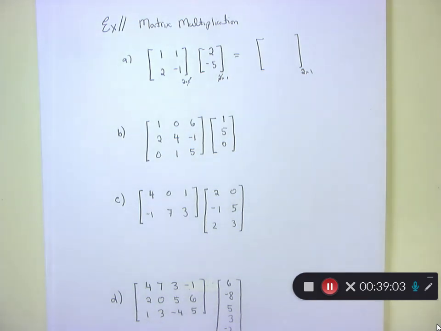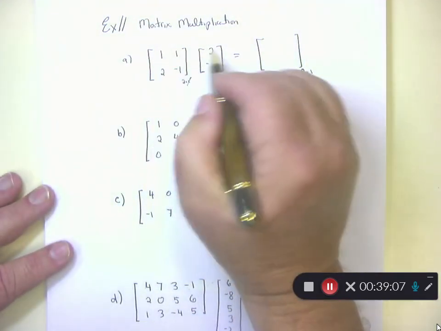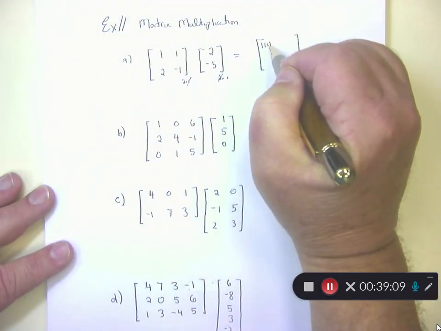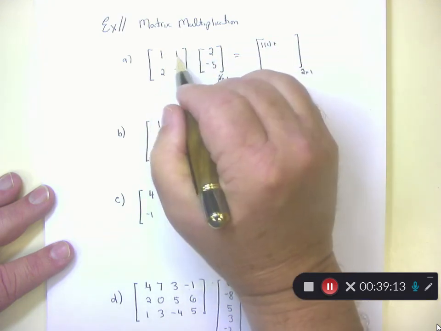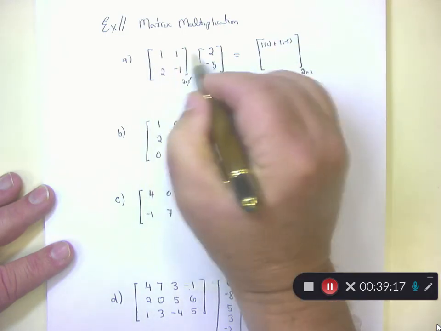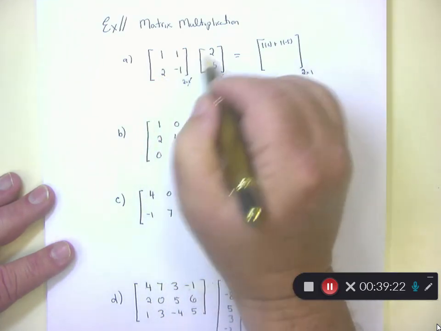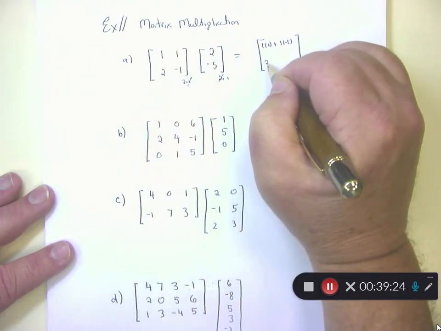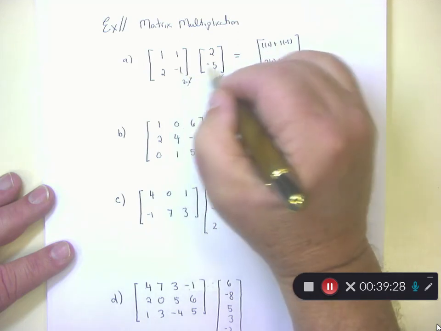I'm going to write it out this time because this is my small case. This will be 1 times 2 plus 1 times negative 5. First row, first column, first row, first column position. Second row, first column: it's going to be 2 times 2 plus negative 1 times negative 5.